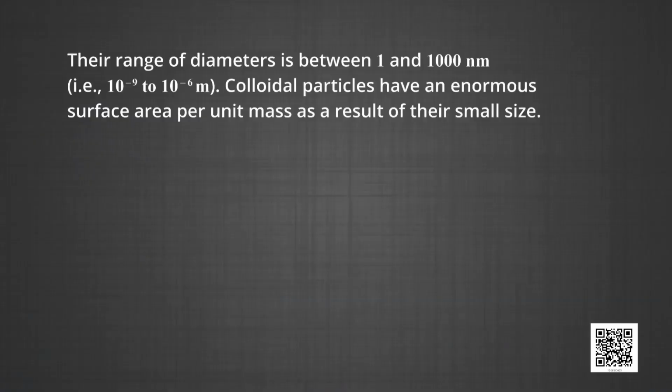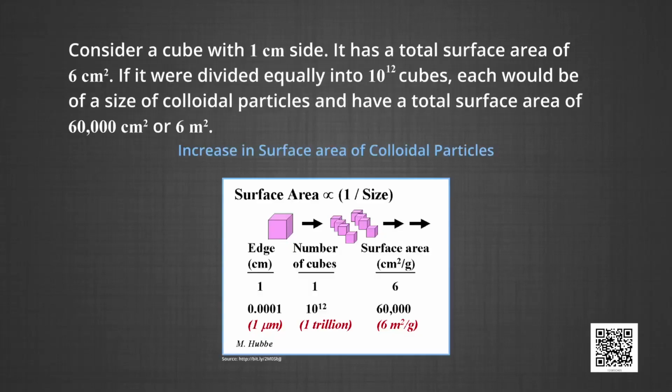Colloidal particles are larger than simple molecules, but small enough to remain suspended. The range of diameters is between 1 and 1000 nanometer, that is 10^-9 to 10^-6 meters. Colloidal particles have an enormous surface area per unit mass as a result of their small size.